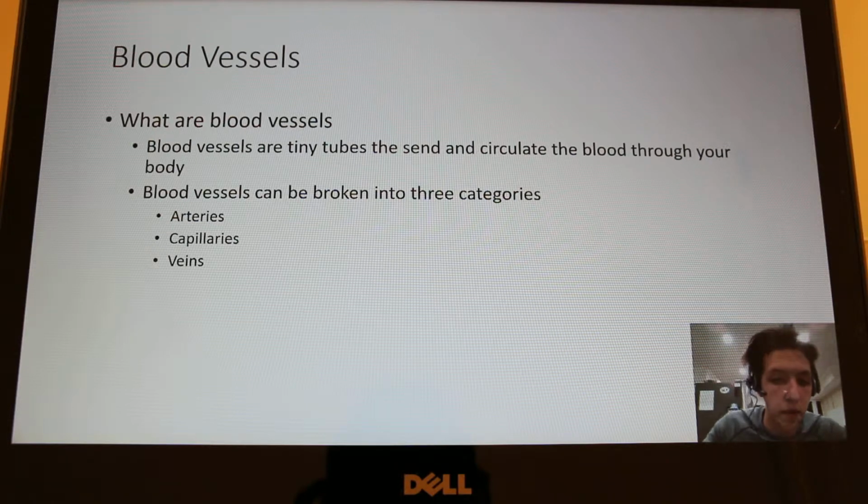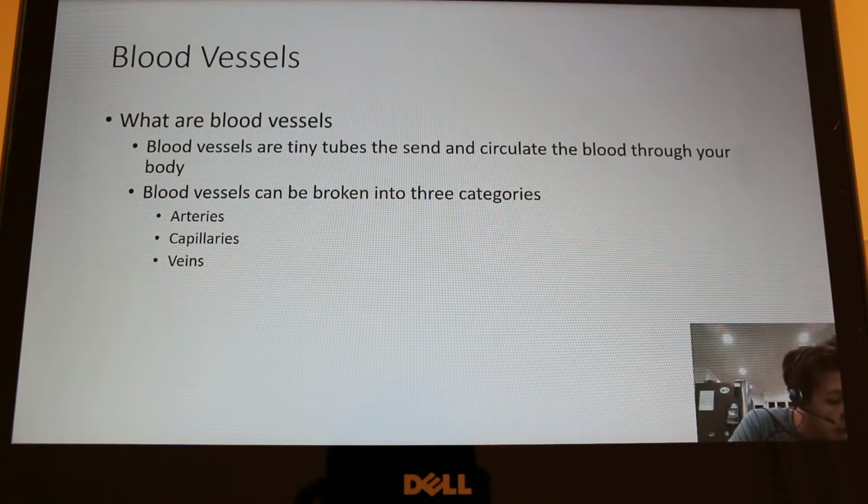So, in the description, it mentioned the pressure in the blood vessel. So what is a blood vessel? Blood vessels are basically just tiny tubes that send and circulate our blood through our body. And blood vessels can be broken down into 3 different categories, which are arteries, capillaries, and veins. Blood vessels are part of the circulatory system, and actually it's called microcirculation.